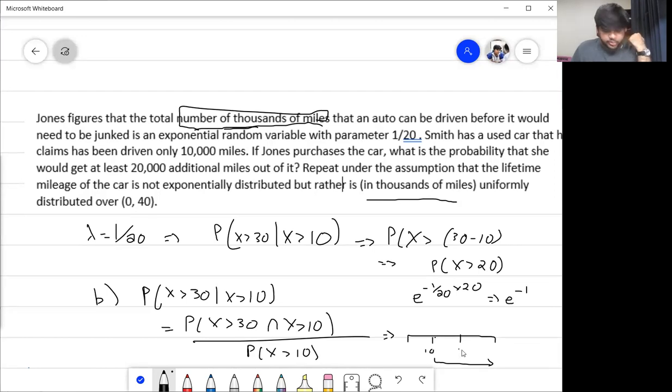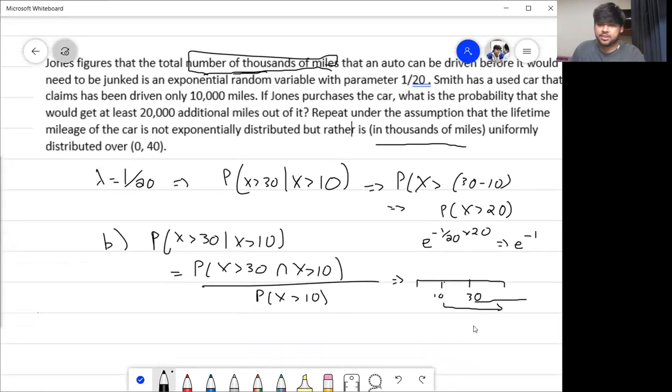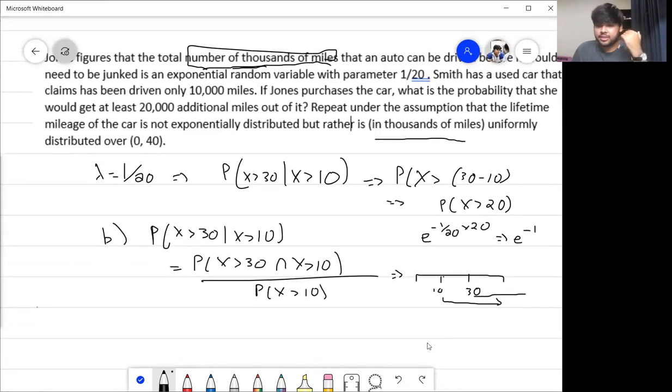Yeah, this is 30,000, right? Okay. Can I simplify this equation as follows? Likewise, in the previous part, the only intersection point between these two statements is this, right? This bit does not apply because it's not greater than 30.